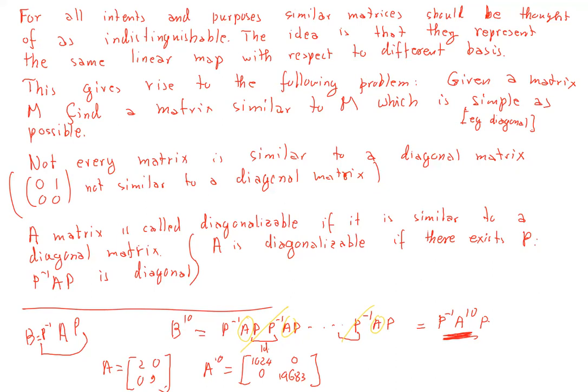And of course, again, somebody's going to ask here, why do I want to compute a big power of a matrix? Oh, let's see, because here we have a very simple reason.